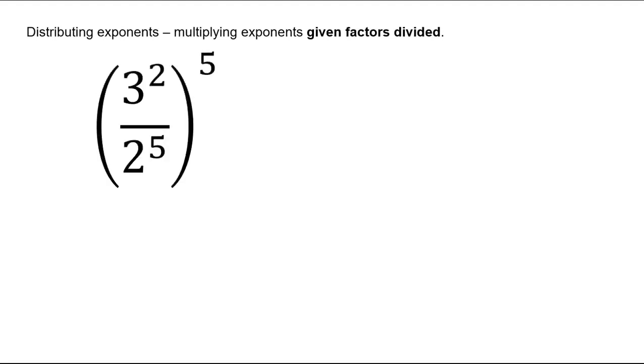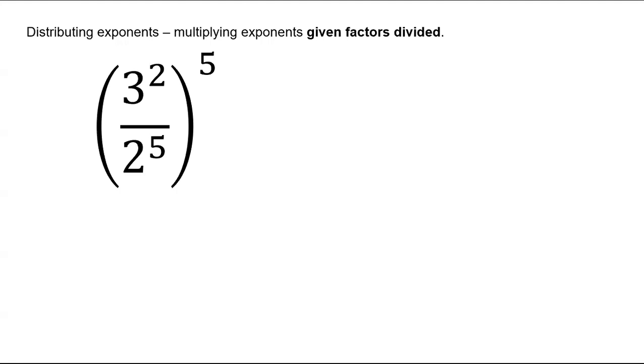What if we have something like this, where we are dividing factors? I've got a base of 3 in the numerator, and I've got a base of 2 in the denominator. I cannot apply the exponential law of division because the bases are not the same. But both the numerator and the denominator are raised to the exponent of 5.